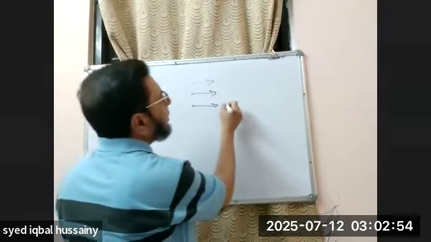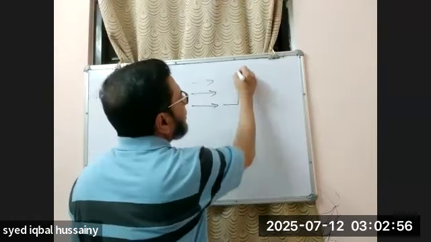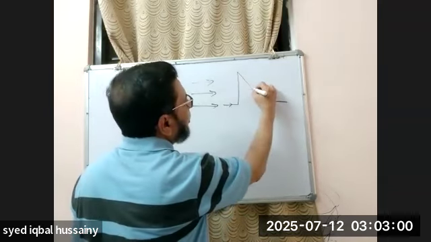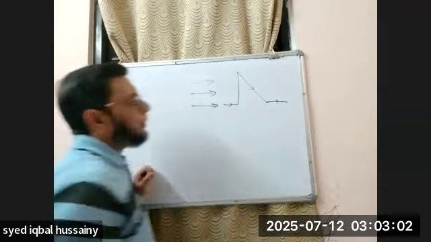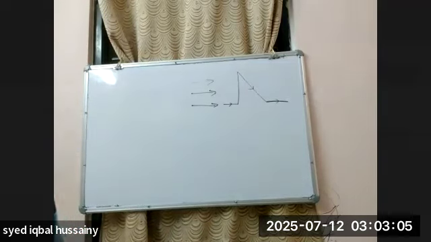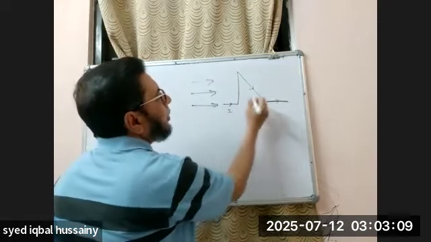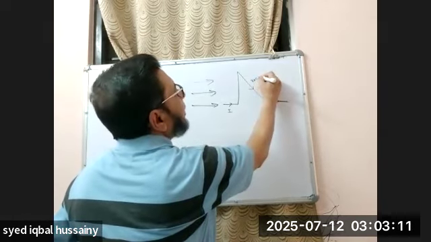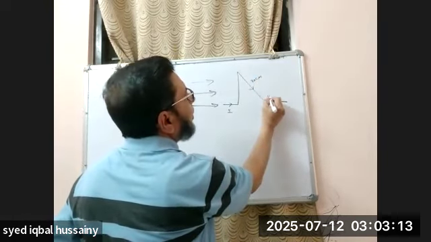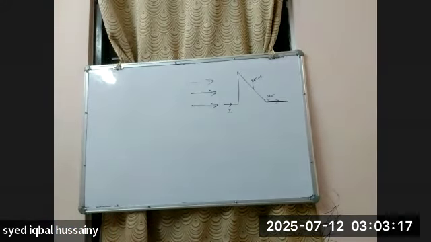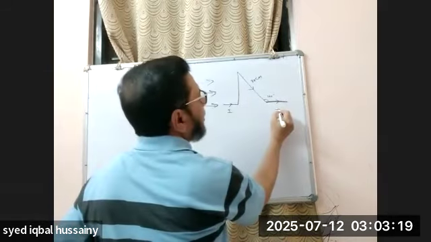There are three wires given like this. A current is flowing. This is 30 centimeter and this is 120. Again, current I is flowing.